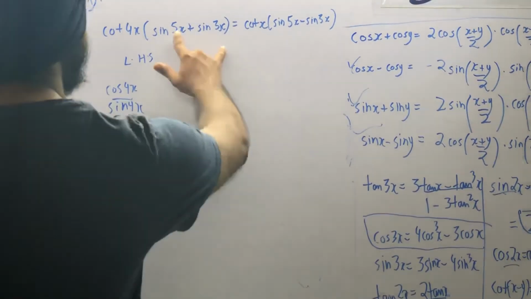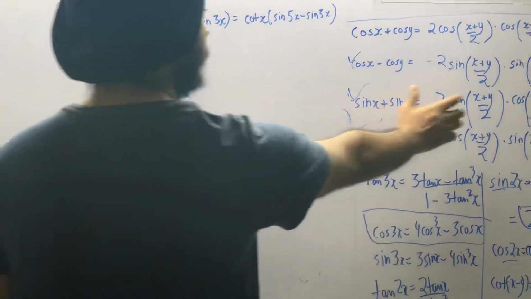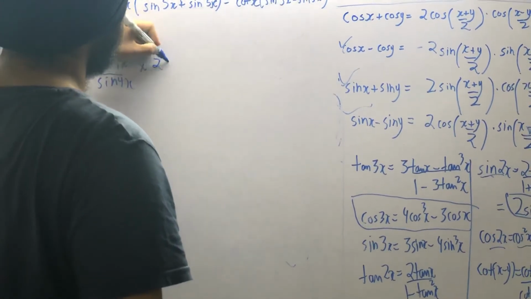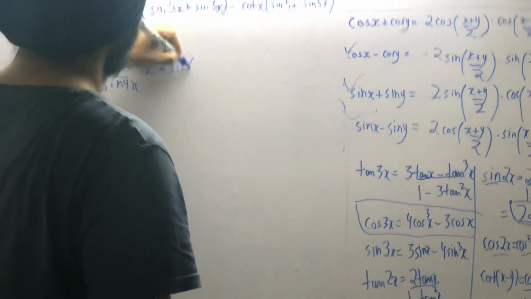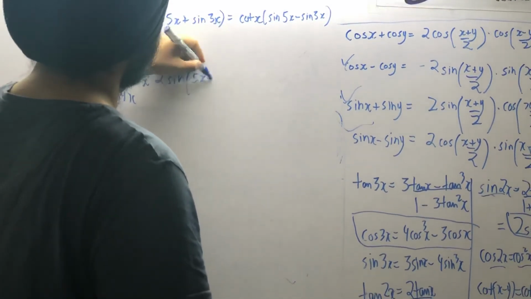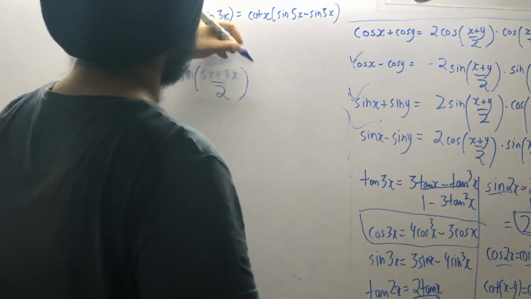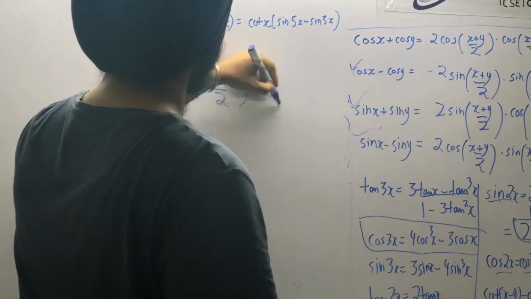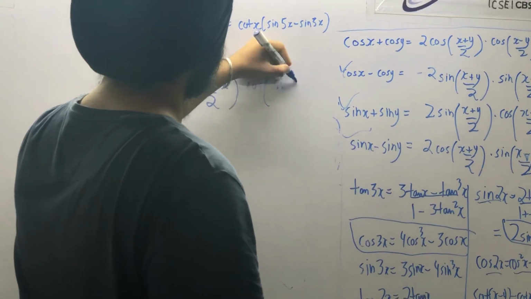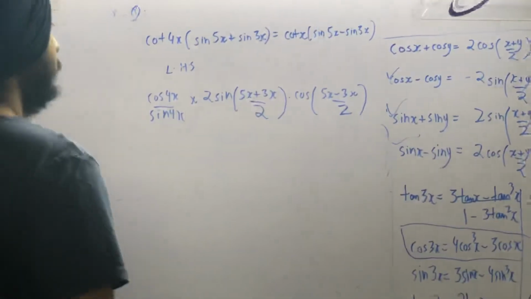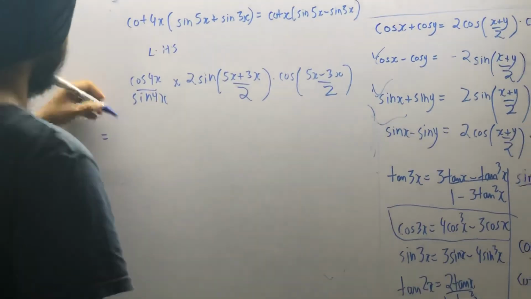Now this one, sin 5x plus sin 3x, sin x plus sin y, use this formula, into 2 sin 5x plus 3x upon 2 into cos 5x minus 3x by 2. Just simplify this further.